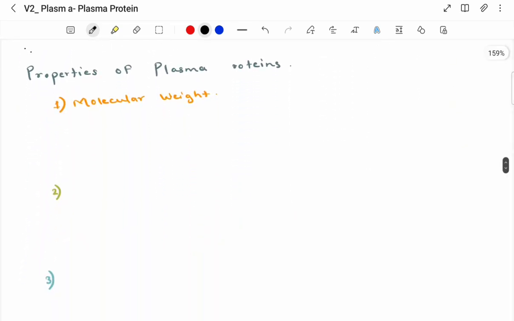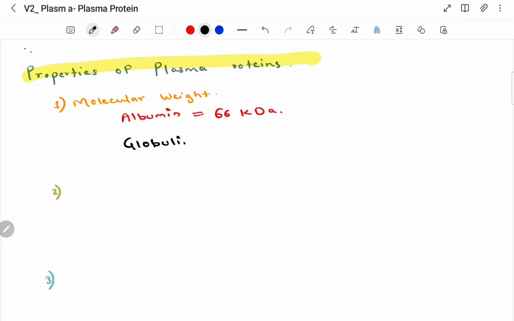Now let's study properties of plasma protein. The first property is molecular weight. Molecular weight of albumin is nearly 66 kilodaltons. Globulin has alpha globulin, beta globulin and gamma globulin.